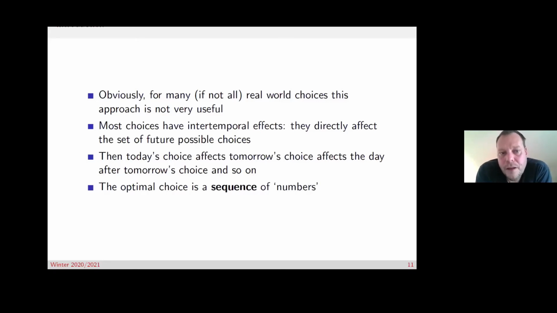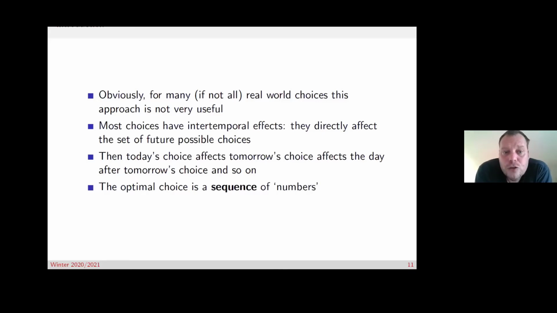And the reason is that in many situations, again, maybe in most situations, every choice you make today has some small or even large intertemporal effect. Okay, so everything we do today usually has in some way or another effects on future possible choices, on future restrictions, on future utilities.